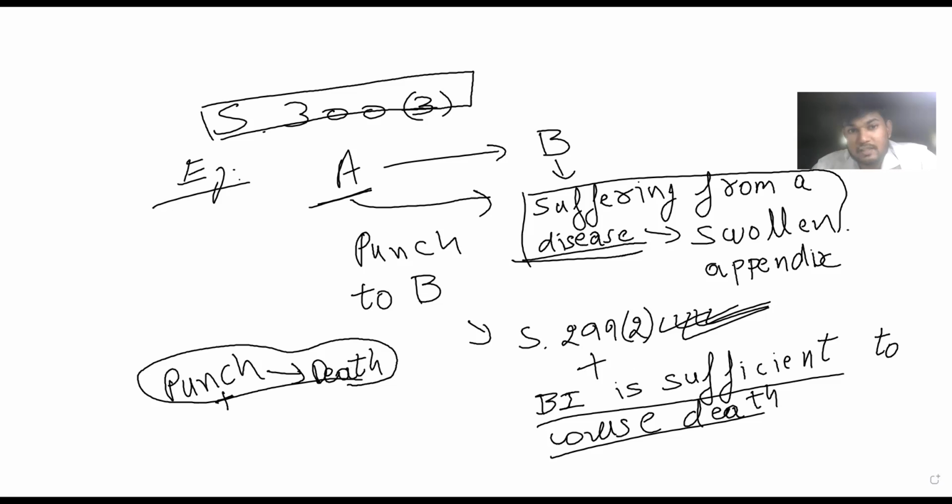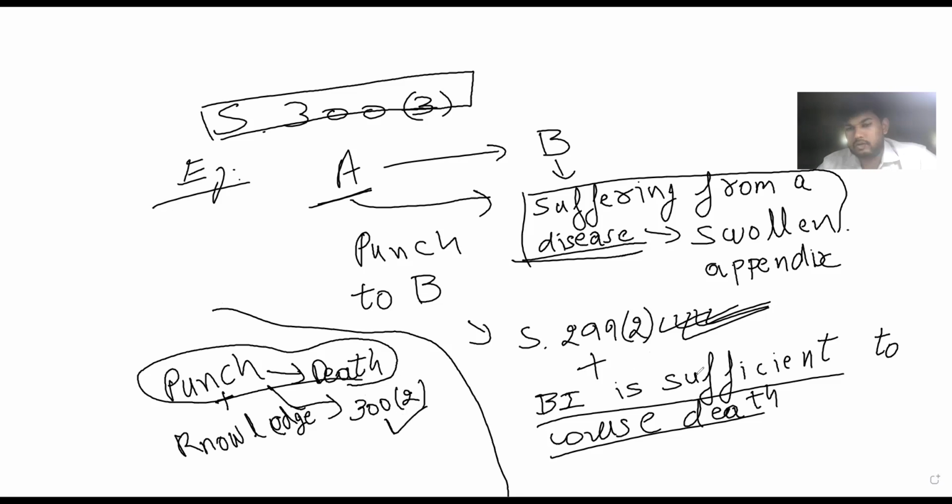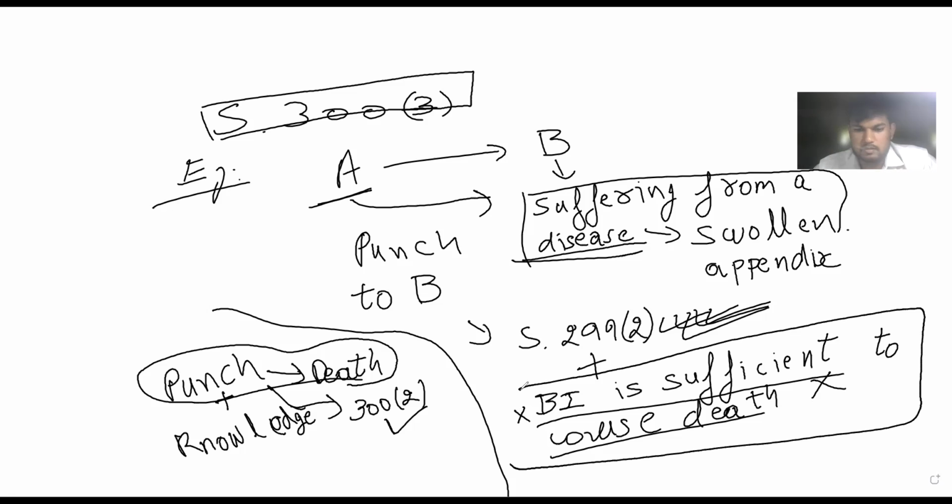If he had the knowledge, then his case will fall in section 302. If he was aware that he had a swollen spleen, then this case will fall in 302. It will be proved. But since he did not have the knowledge, this part will not be proved. The prosecution will not be able to prove this part.